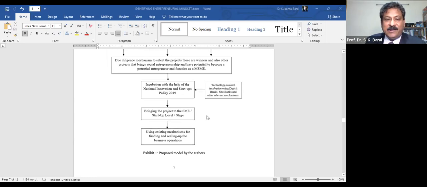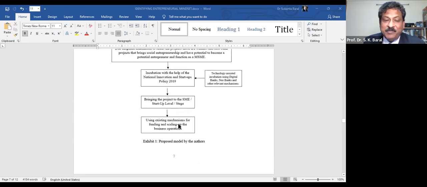And again, what is happening is that the project is brought to the small, medium enterprise or startup level, or any stage you mean to say. And finally, we have to use the existing mechanism for funding and scaling of the business operations.